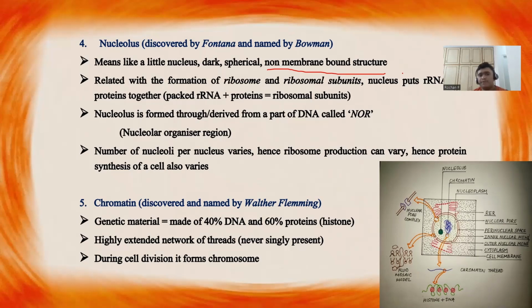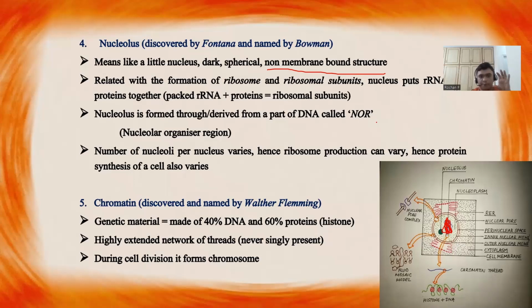Now, where is this nucleolus formed from? Where is it derived from? It is derived from the DNA. We saw the chromatin is suspended in the nucleus, correct? Chromatin is here. One part of the DNA is going to have a region called NOR, the nucleolar organizer region, and this region is the one which produces the nucleolus.